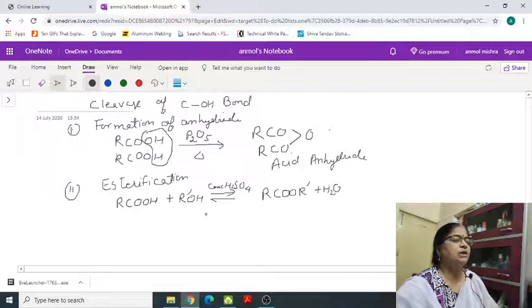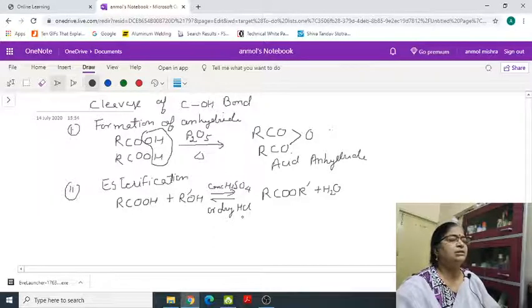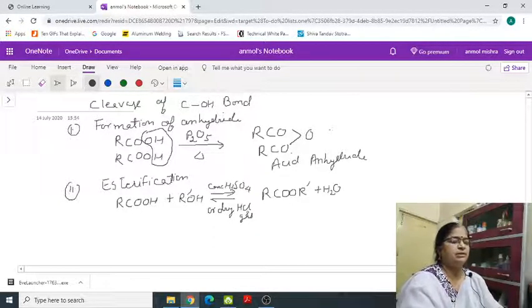We can also take dry HCl gas as a catalyst.